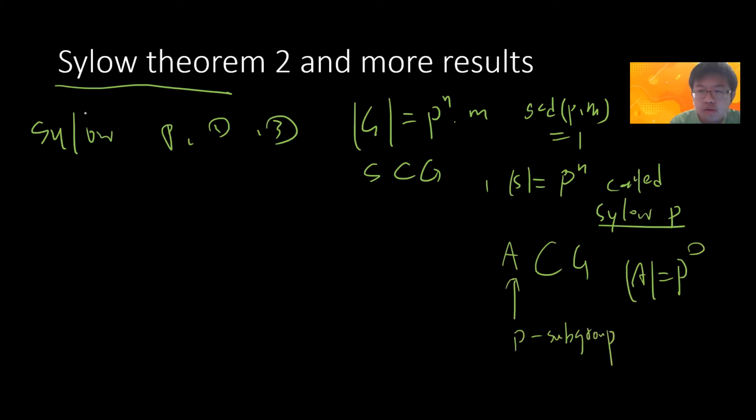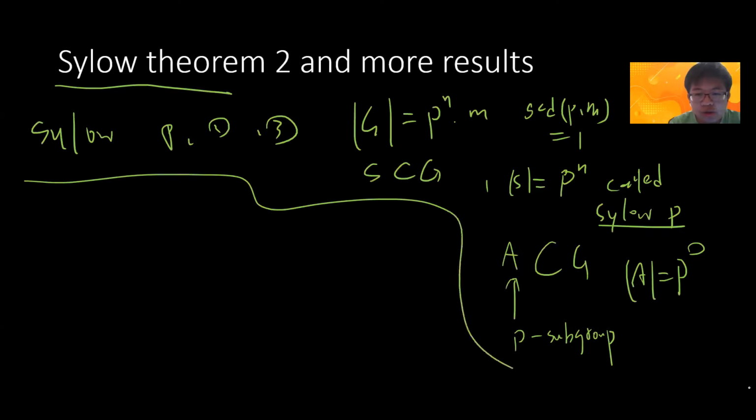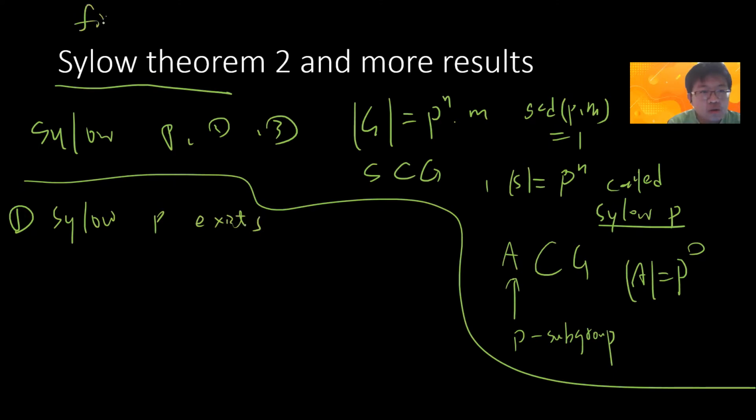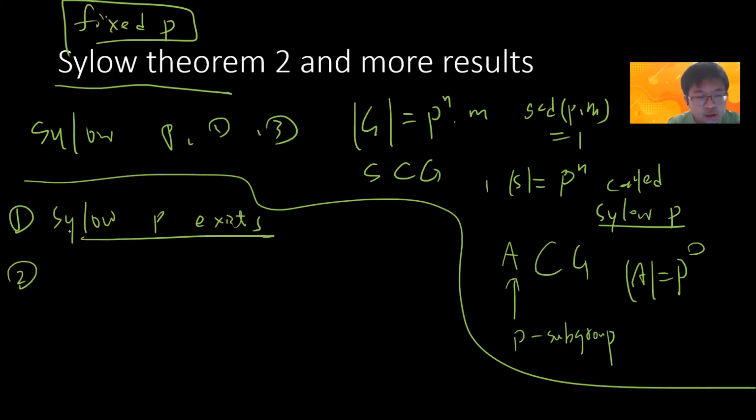Let me quickly write down the Sylow theorems that we proved in the previous video. If you have not seen it, I will post a link below. The first theorem tells you that a Sylow p-subgroup exists, where you fix a prime number. The second is that Sylow p-subgroups are conjugate to each other.